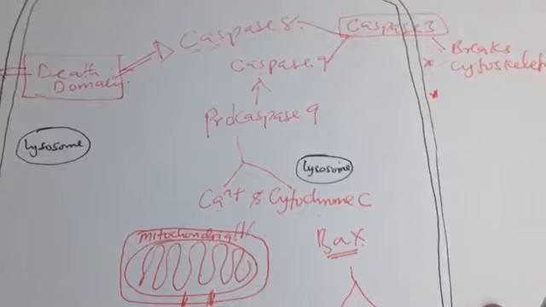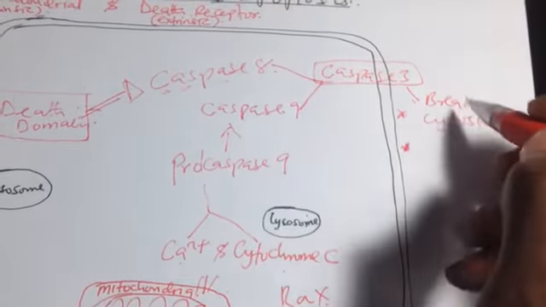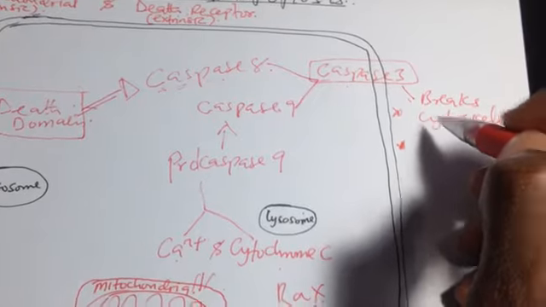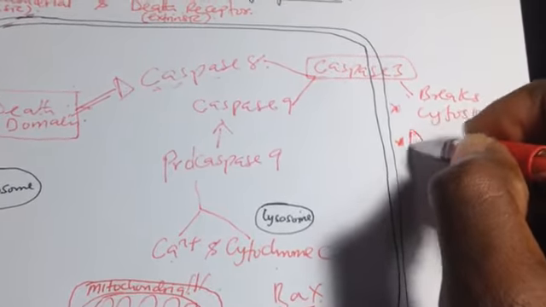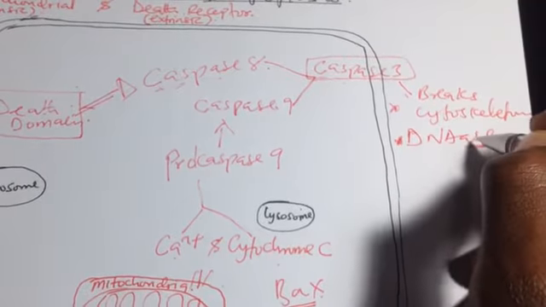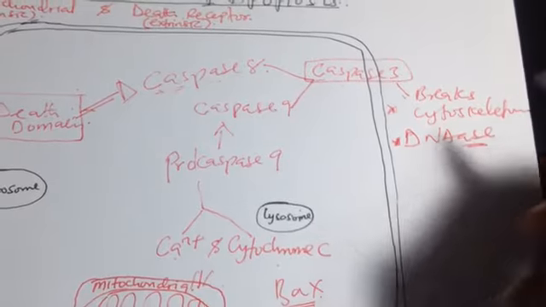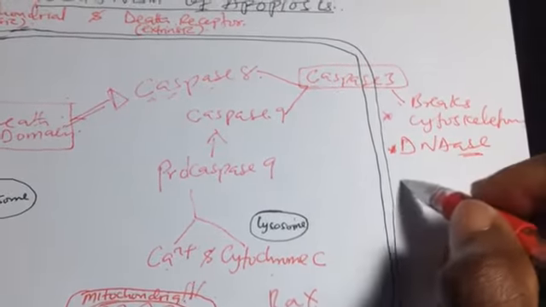It fragments the nucleus. Why? Because this caspase 3, besides breaking down the cytoskeleton, has to activate a protein called DNase. DNase, as the name implies, is the one that will cleave the DNA into segments.